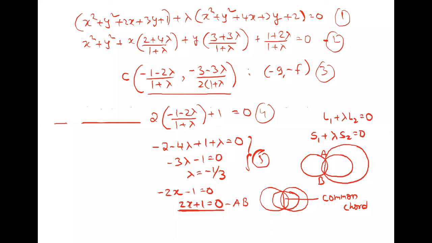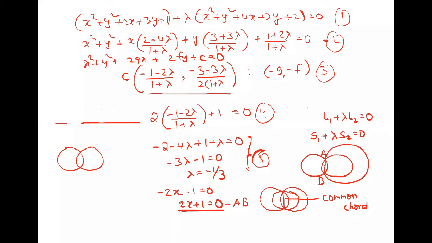Circles 1 and 2 again. See, this is the circle, this is another circle, and the circle passes through the intersection of these two circles. It is x square plus y square plus 2gx plus 2fy plus c equal to 0. 2g is (2 plus 4 lambda) by (1 plus lambda).